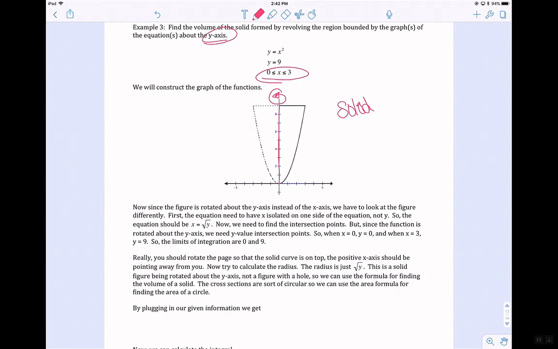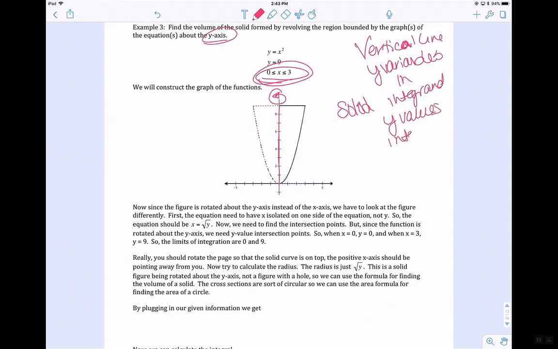We would normally look at 0 and 3, but because I'm rotating around a vertical line, then I need to have y variables in the integrand, and y values for the intersection points.